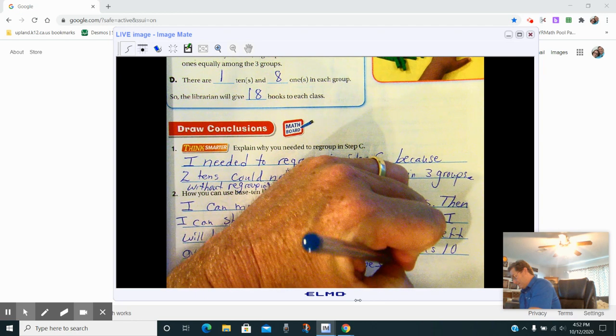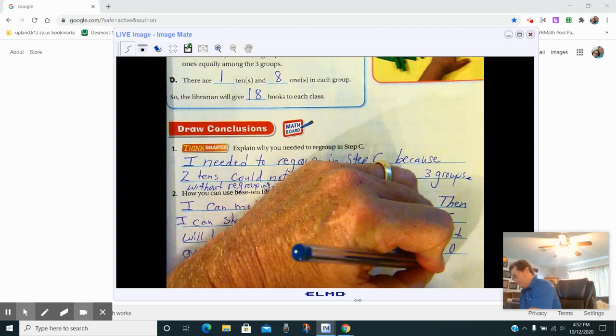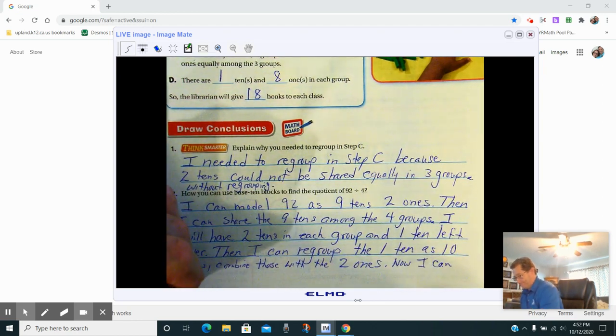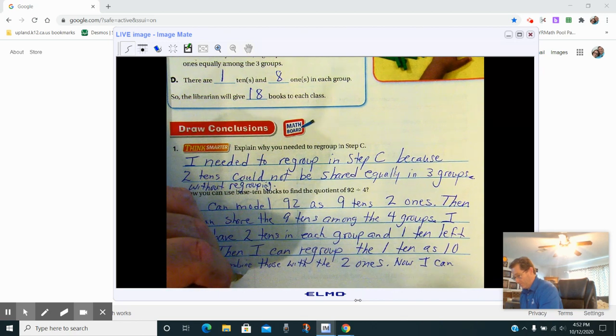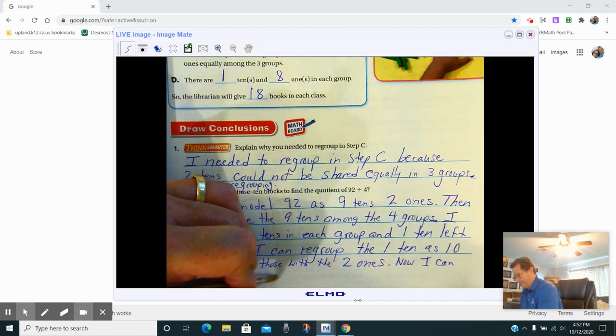Now I can share the 12 ones among the 4 groups.